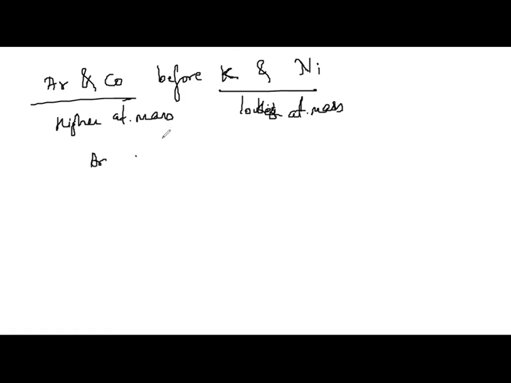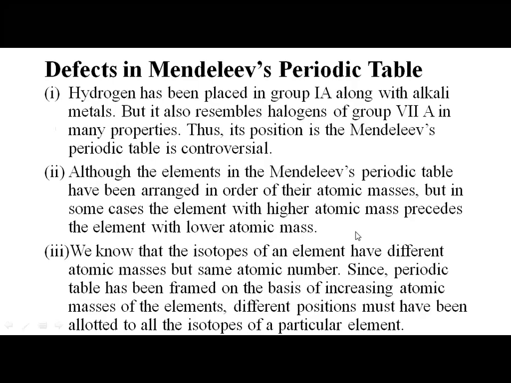Next, like elements were placed in different groups and unlike elements were placed together. So these were the demerits. Let us see what is given here. Hydrogen has been placed in group 1A along with alkali metals, but it also resembles halogens in group 7A in many properties.